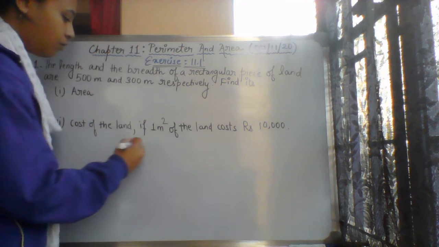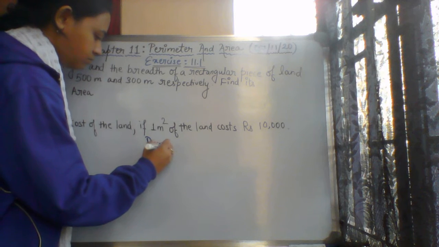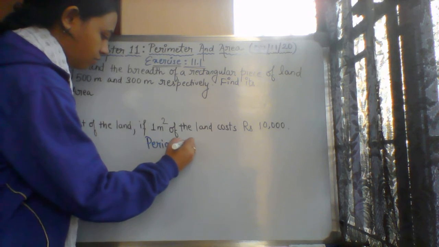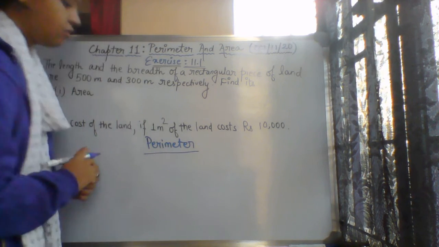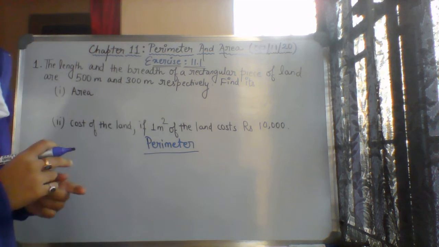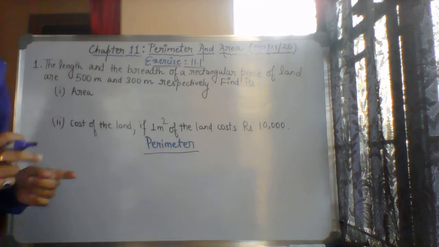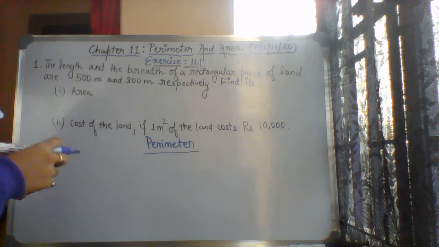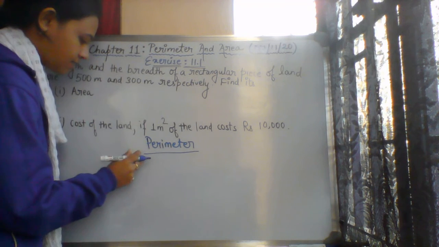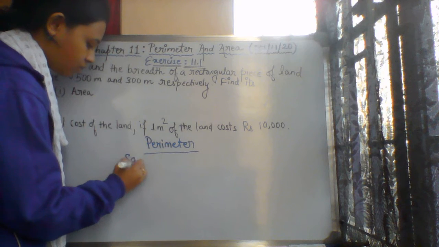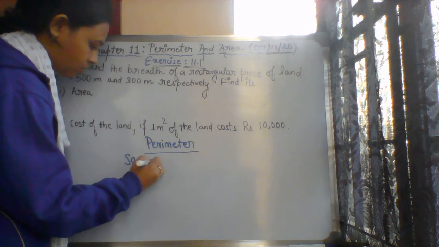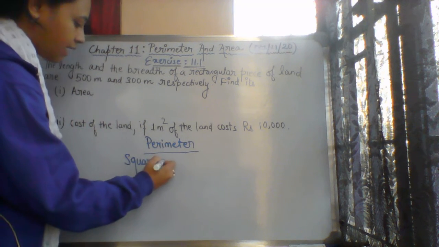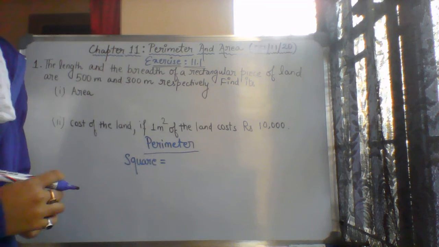Okay, so perimeter. Let us recall perimeter first. We are dealing with two shapes, that is square and rectangle. Can anybody tell me what is the perimeter of a square which has the side A?